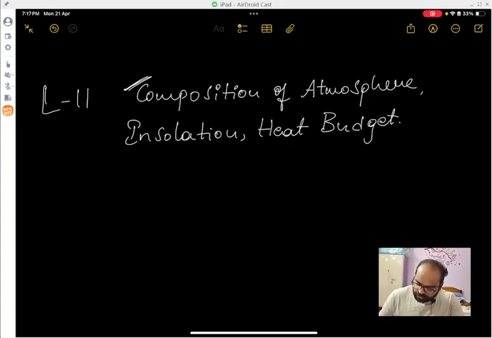Earth rotates from west to east, that is anti-clockwise. The atmosphere that has developed is divided into many layers.